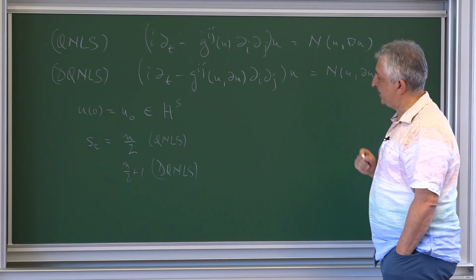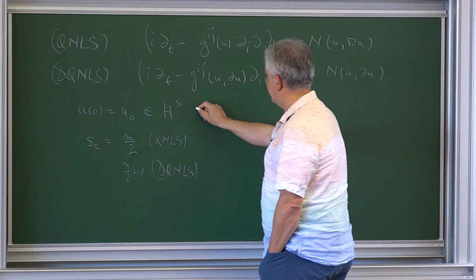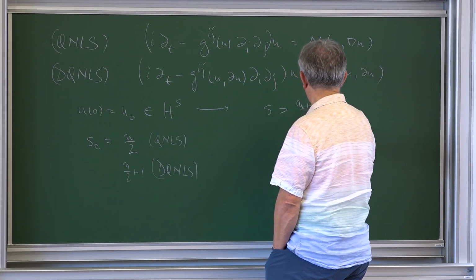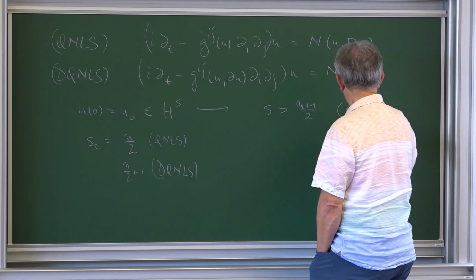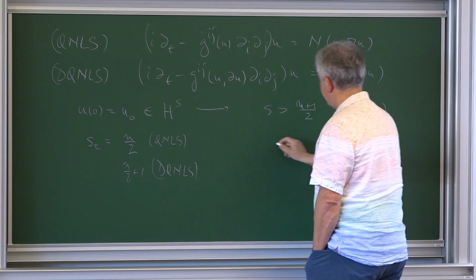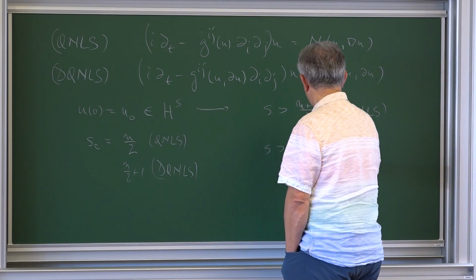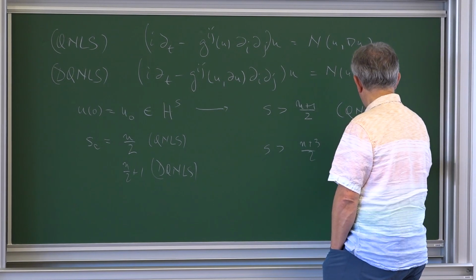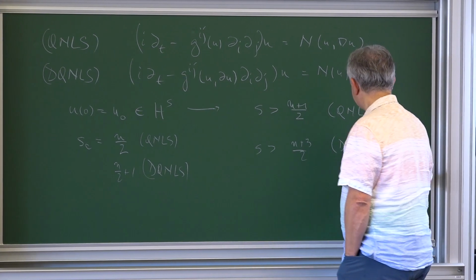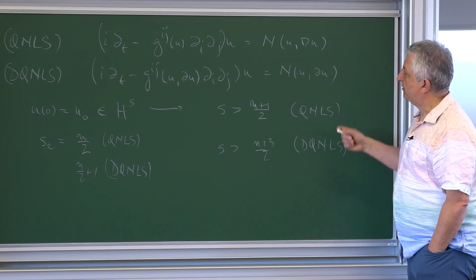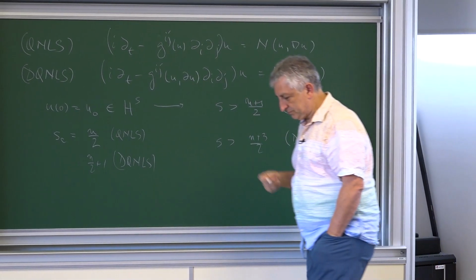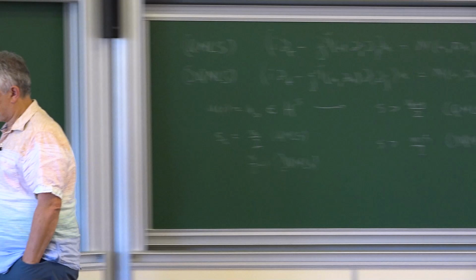The results apply for s greater than (n+1)/2 for QNLS, and for s greater than (n+3)/2, 1 higher, for DQNLS. So from now on I'll stay with the QNLS.